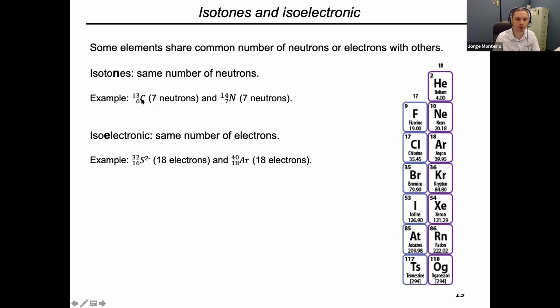For example, here we have carbon 13, 13 minus 6, that's 7 neutrons, and nitrogen 14, 14 minus 7, 7 neutrons as well. So therefore, those two elements are isotones.